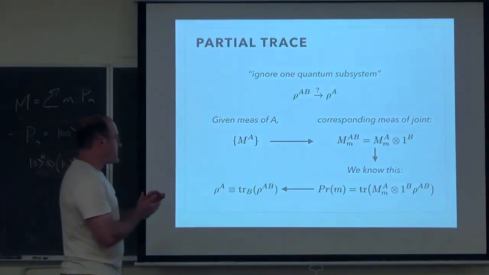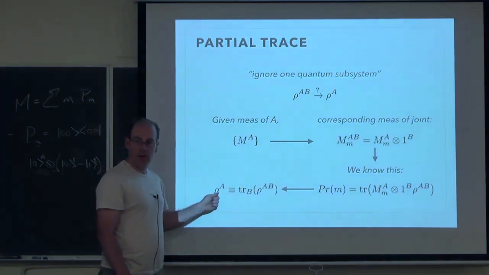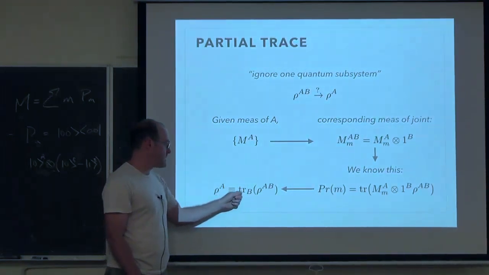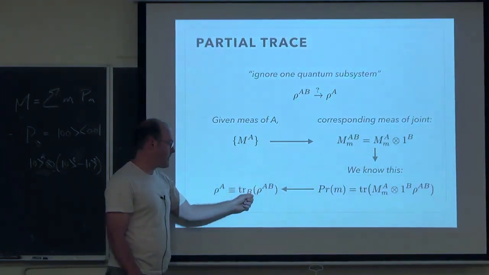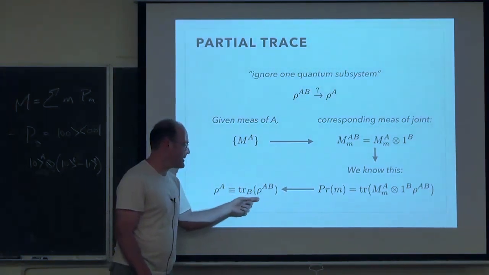And so we can just backtrack and say, what must the state have been in order to correctly correspond to this set of measurement operators? And this uniquely defines this operator here. This is really kind of the arrow here.